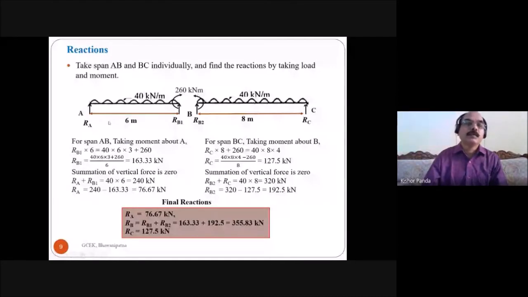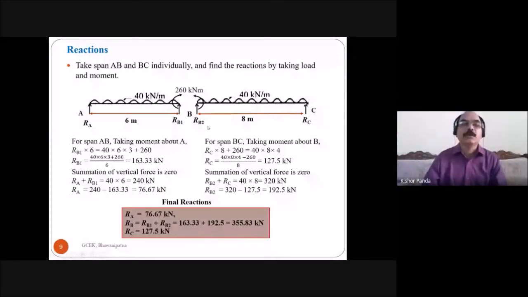Then separately you find out what is the reaction at RA and what is the reaction at B, RB1, because here at support B, you have to find out the reaction from the span AB, RB1, and the reaction from the span BC, RB2.